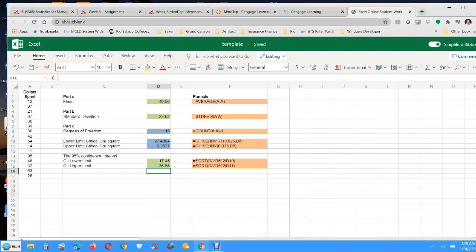Our point estimate will be the observed sample standard deviation and our hypothesized standard deviation, and then we have these critical values, and then you have this formula that involves the square root in order to find that standard error term on the sampling distribution for the standard deviation.